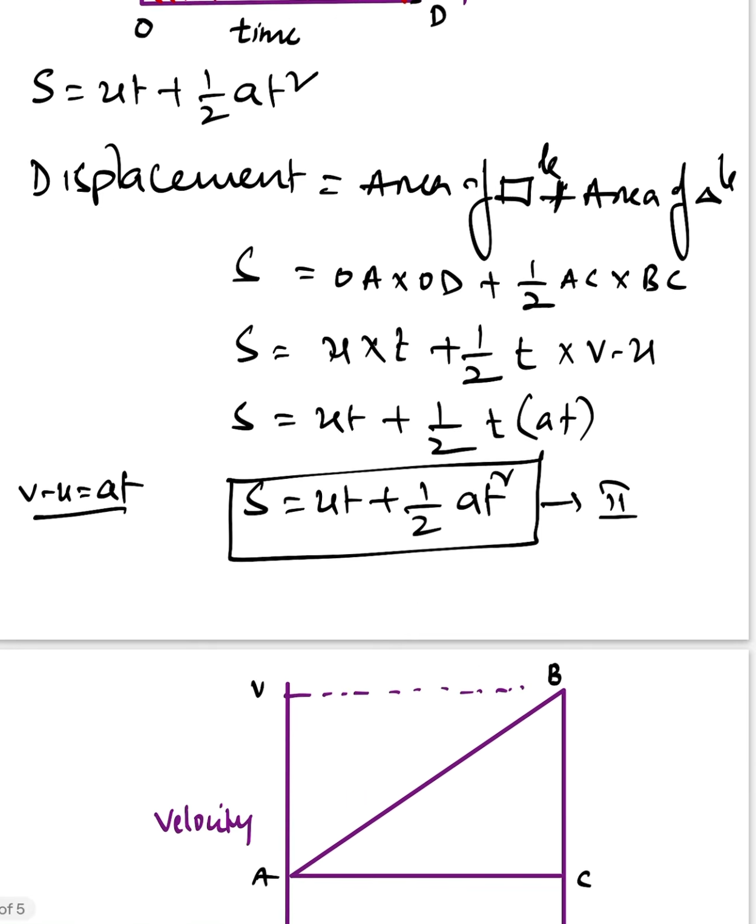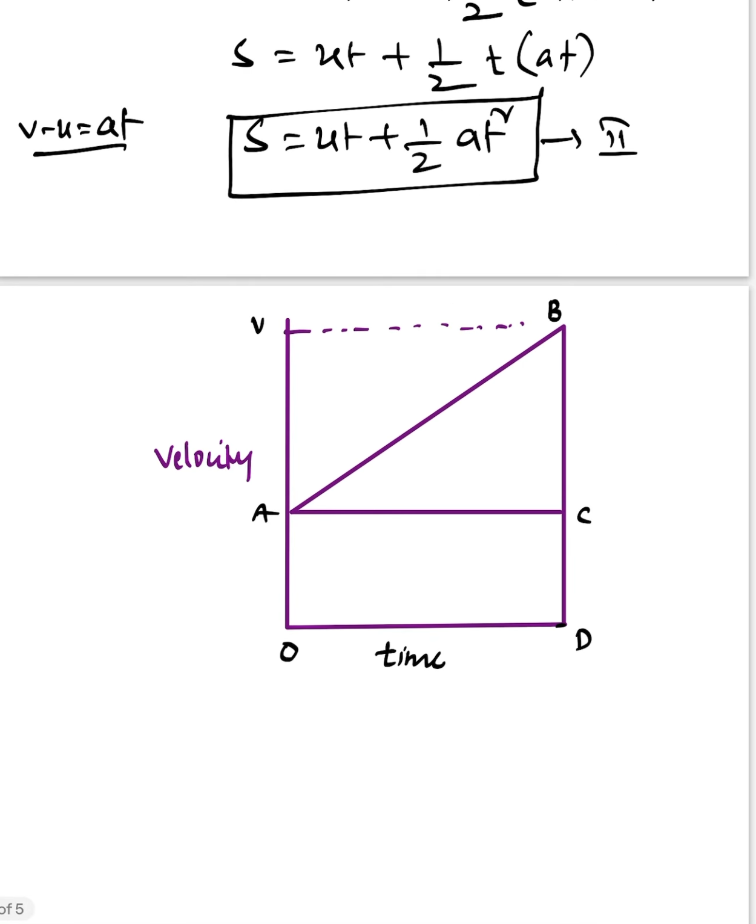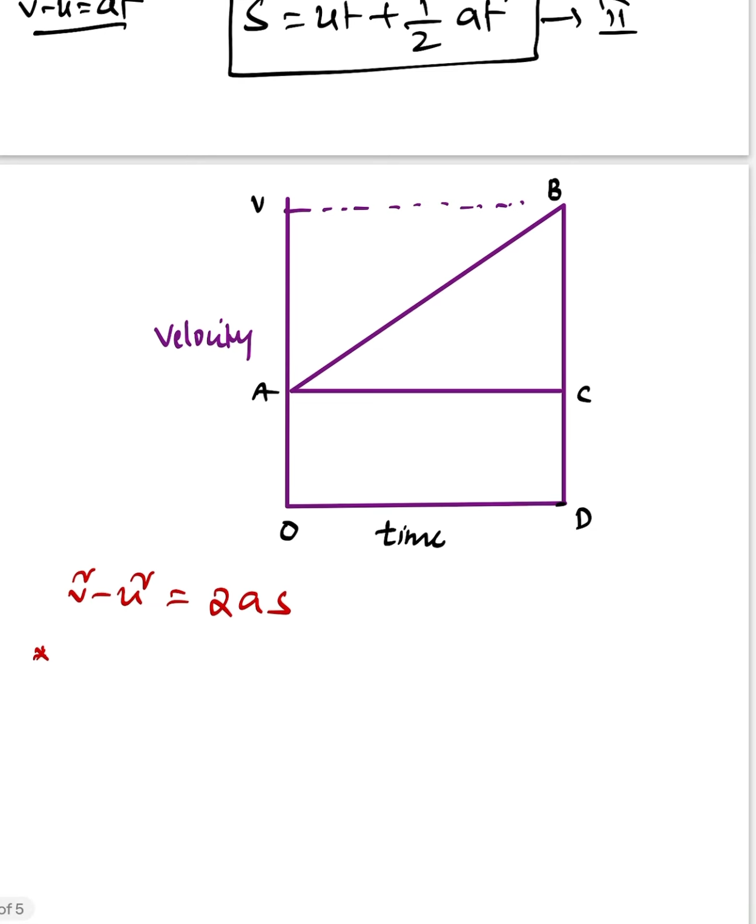And the third equation of motion. What is the third equation of motion? v square minus u square equal to 2as. We find this equation from the area of trapezium.